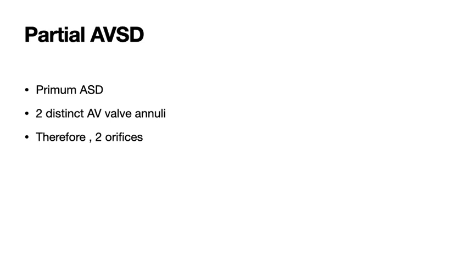A partial AVSD means there are two distinct annuli, two distinct valve rings. Therefore, there are two orifices. You will see two color flashes going through that area.